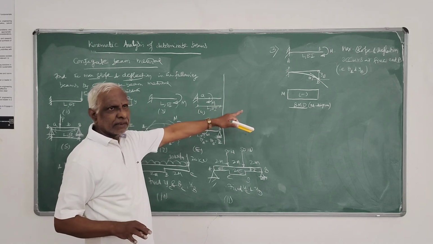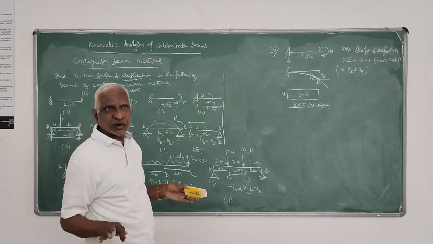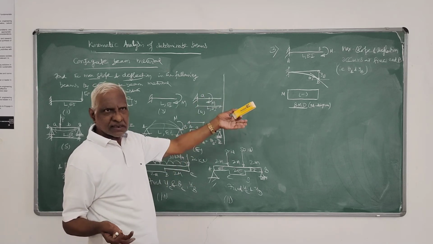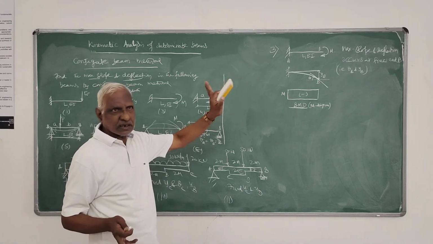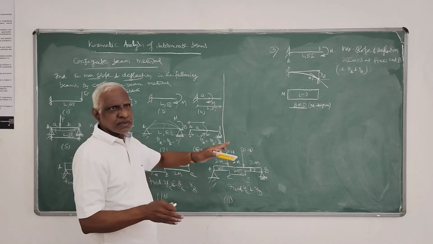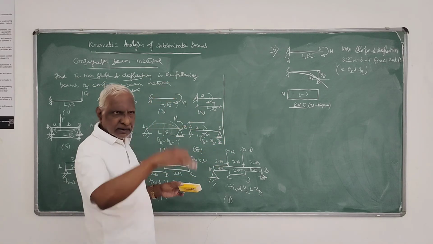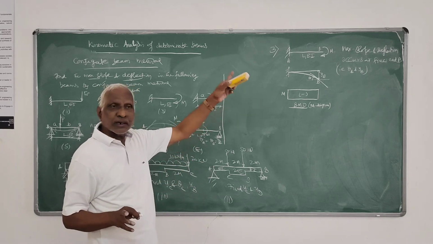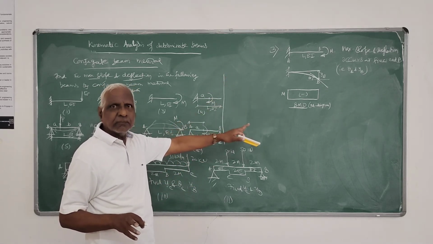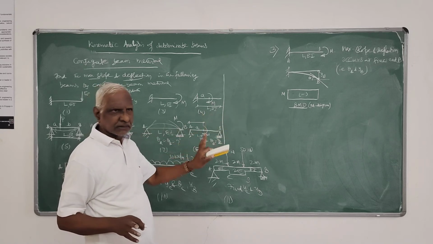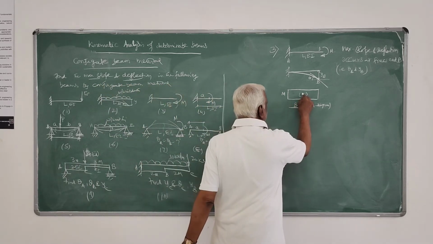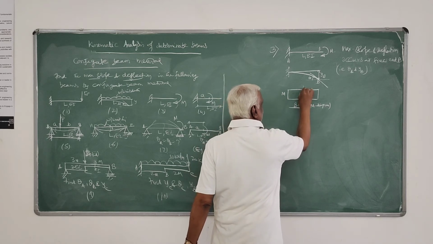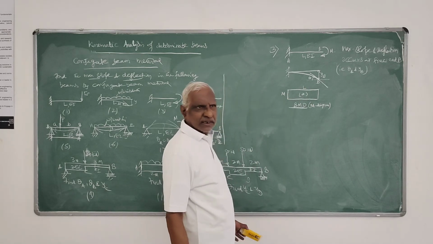For the given beam I have indicated what I have to determine: maximum slope and deflection. So you know where it occurs. I have shown that. Direction also I have shown: clockwise rotation and downward deflection. These two we have to determine. And the bending moment diagram for the given beam. Only the real beam I am doing. This is that. Its center of gravity will be here, at a distance L by 2.